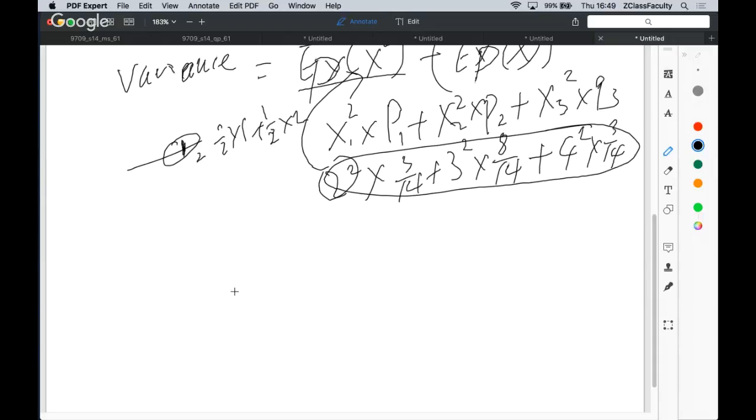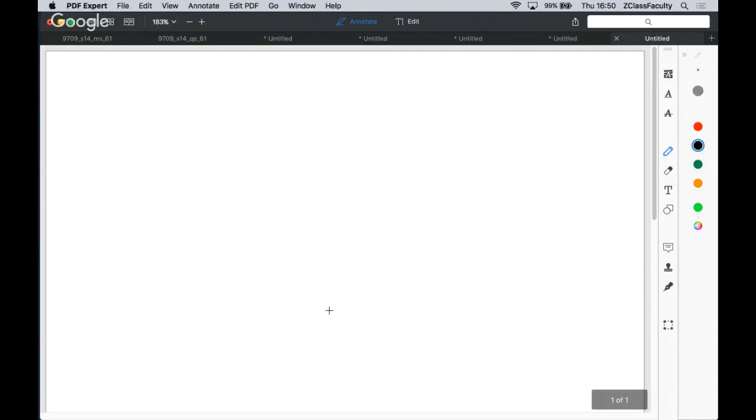Next. So for question 5, the playground equipment consists of swings and so on. I'll create a new sheet. Okay, so there are 3 playgrounds.